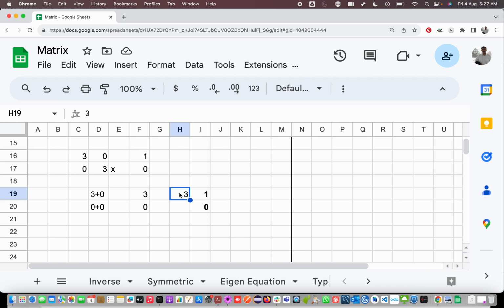Okay, this 3 could be any value, 3 or 4 or minus 5 or minus 1 or any value. If the initial vector and final vector are the same after taking the common factor out, this common factor is called eigenvalue, and this is called eigenvector. So far good.